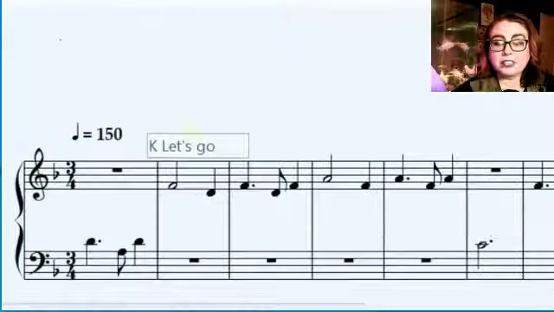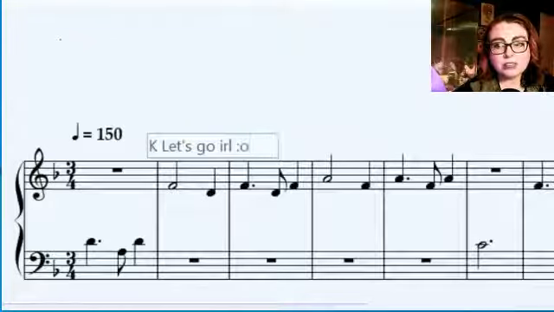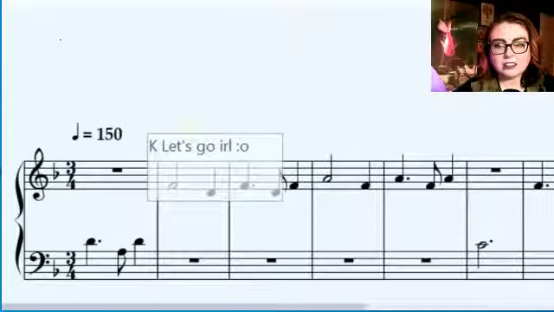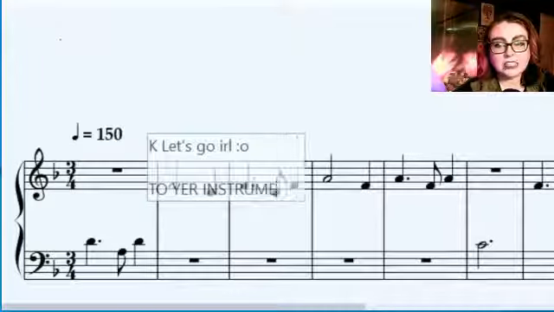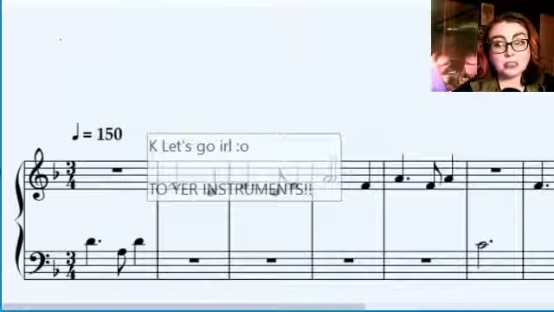Okay, let's go in real life. To your instrument, you go. Go play.